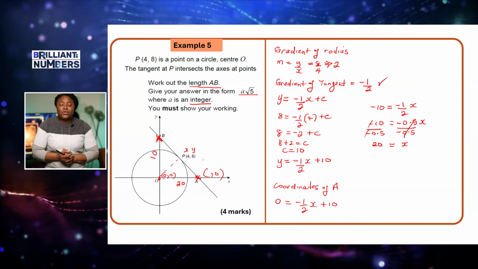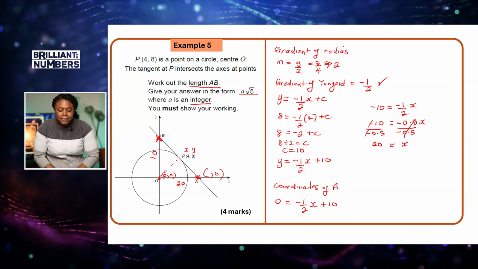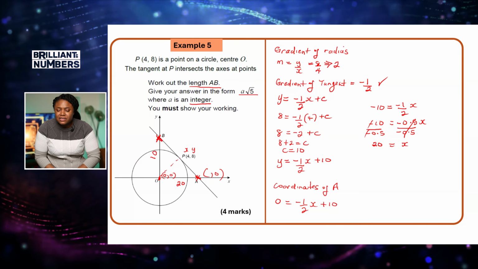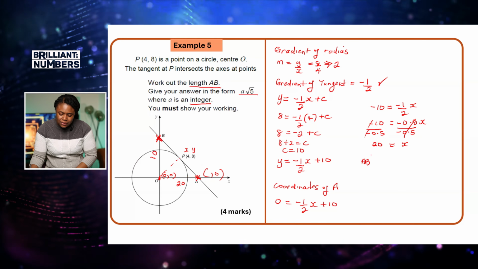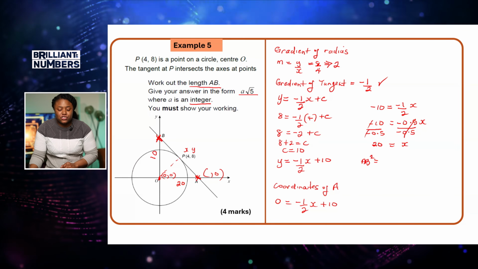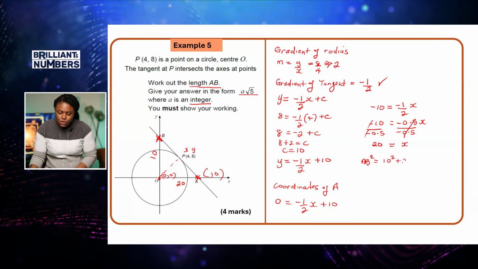I now have all the information I need to find the length of AB using Pythagoras' theorem. So let's go. AB squared, which is the hypotenuse of the triangle, would be equal to 10 squared plus 20 squared.